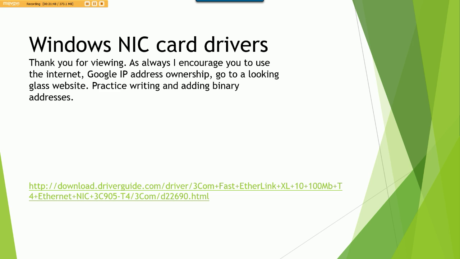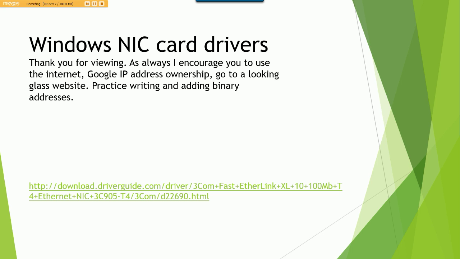And then I would also practice writing and adding the binary addresses, writing IP addresses out in binary. Write them out in the dotted decimal form first, because of course that's what we know. And then down below, draw out your 8 bits per octet, and start writing out the zeros and the ones based on the bit value, so you can add up what the IP address is in decimal.